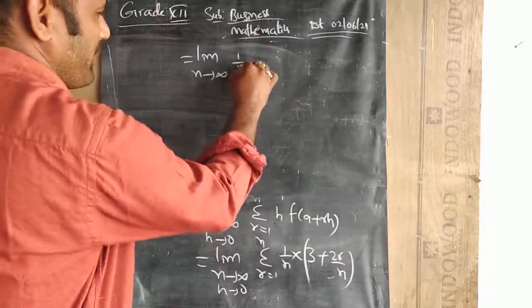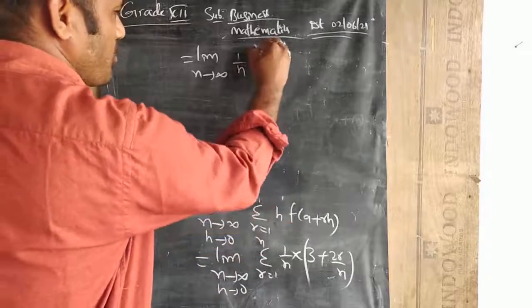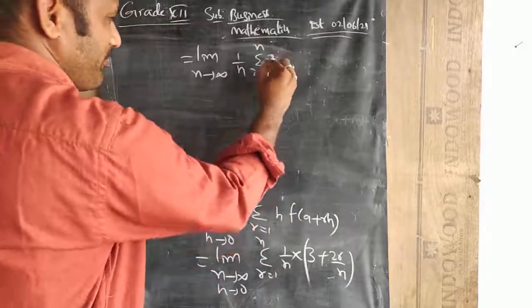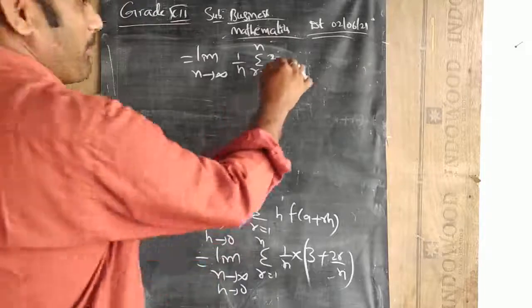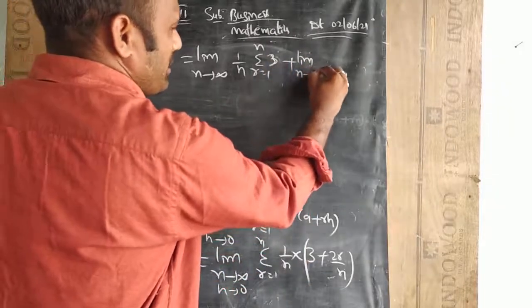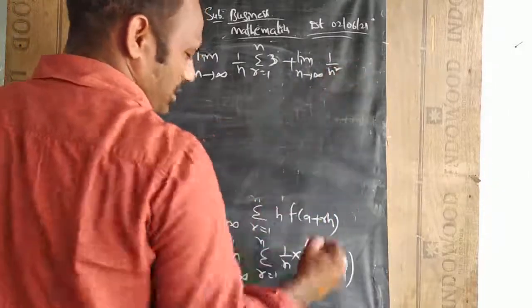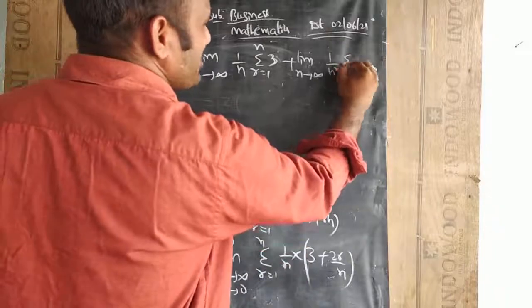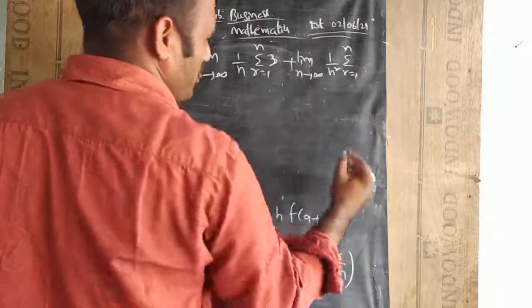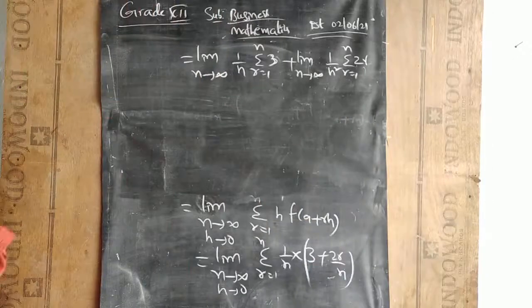Limit, 1 by n, it can be written as summation r equals 1 to n of 3, the number 3, plus another limit n tends to infinity, 1 by n square, summation r equals 1 to n of 2r.